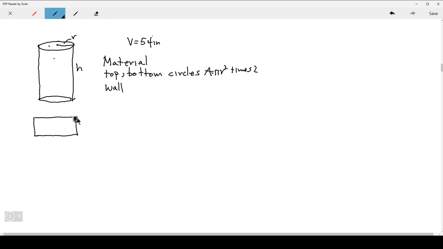The height of the rectangle is the height of the can, that would be h. The width this way is what happens when I split this circle and open it up, so that is the circumference of the circle.